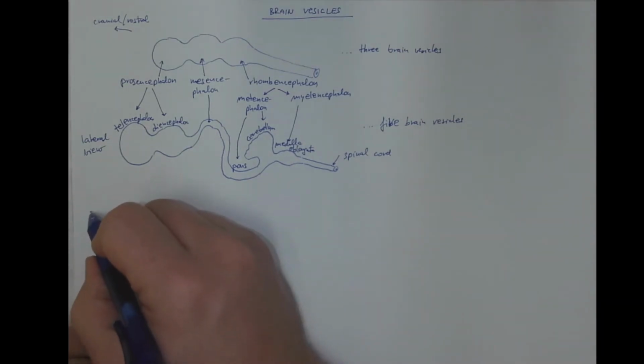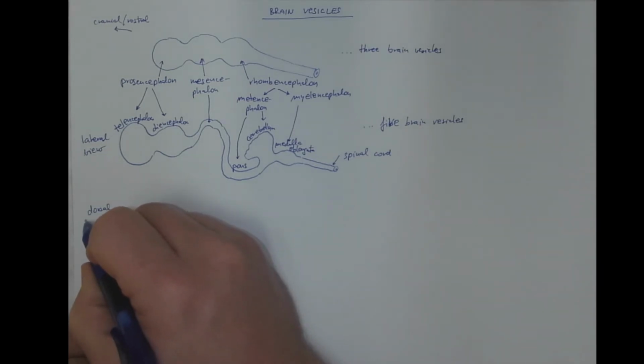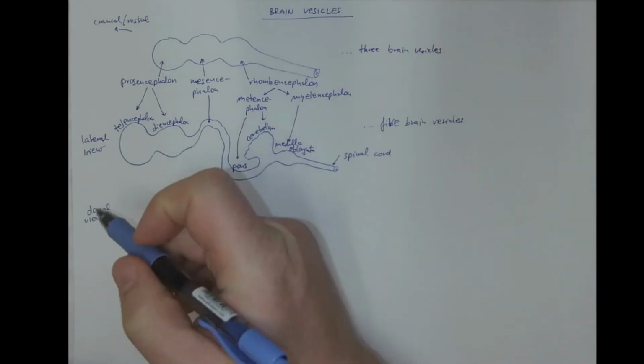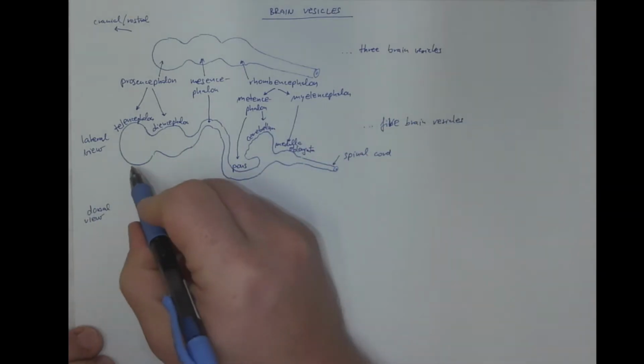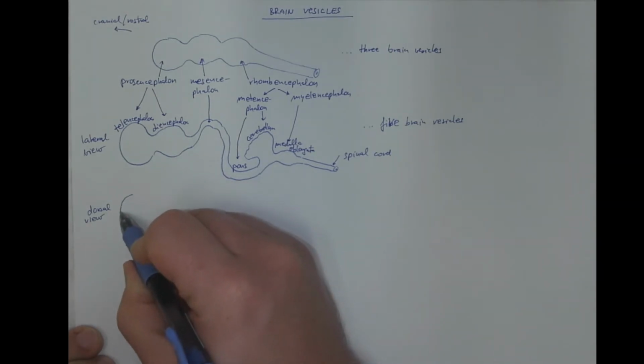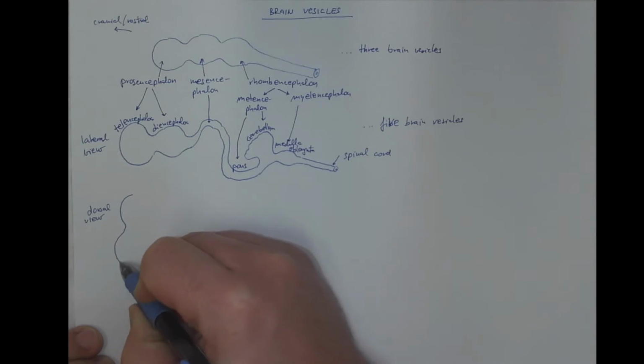If we choose the dorsal view of the same situation, we will notice that the telencephalon becomes subdivided into 2 hemispheres.